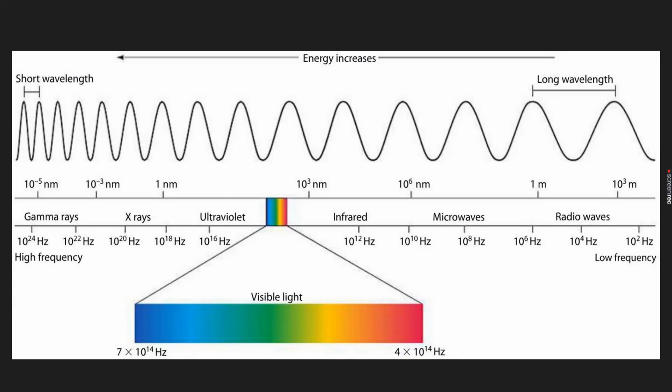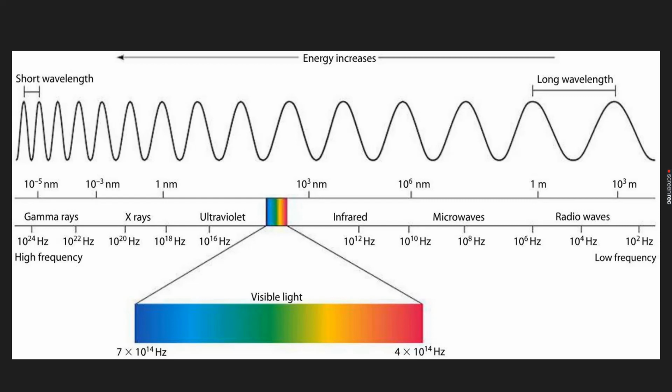So this is basically the electromagnetic spectrum. In this electromagnetic spectrum, you can see that it starts with gamma rays and ends at radio waves. The gamma rays have the shortest wavelength and the radio waves have the longest wavelength.